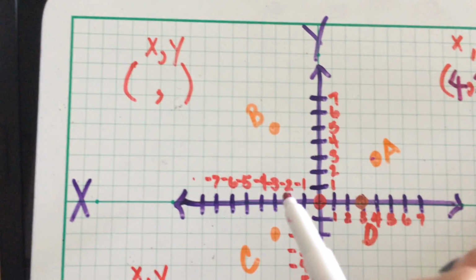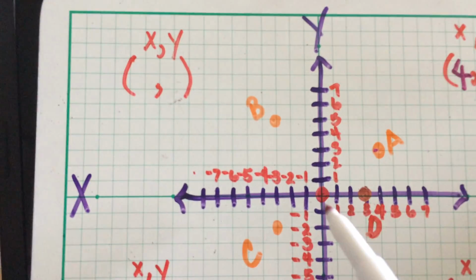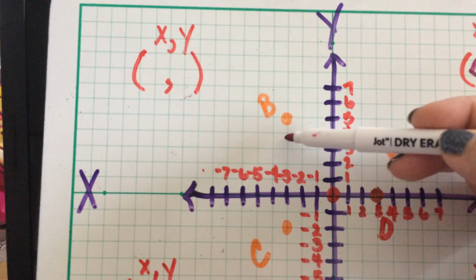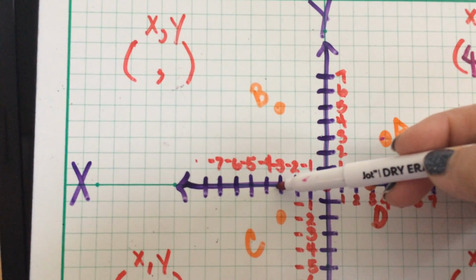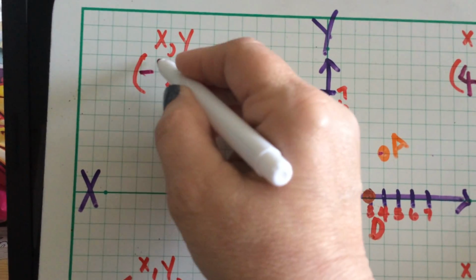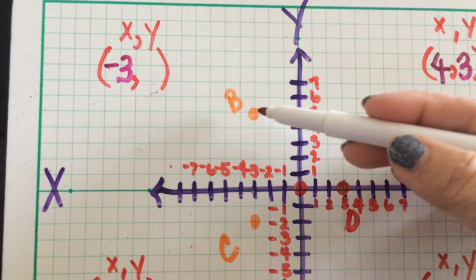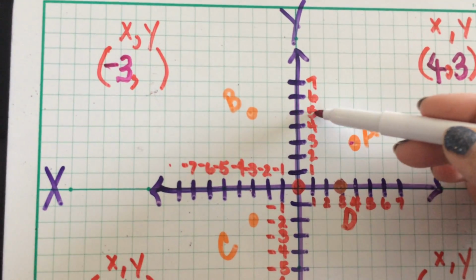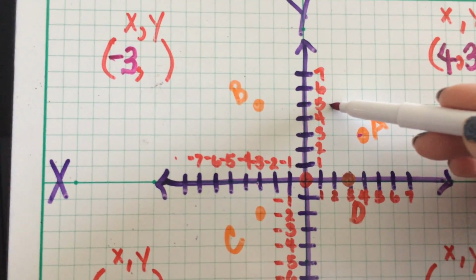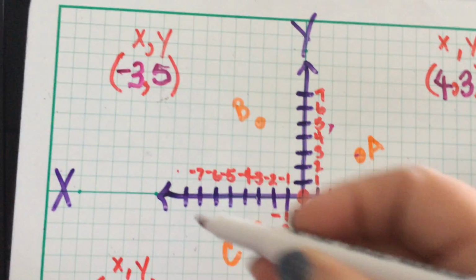Let's look at B. You will look at the X-axis first, and you follow the line down, and it is -3 on the X-axis. On the Y-axis, B is +5.